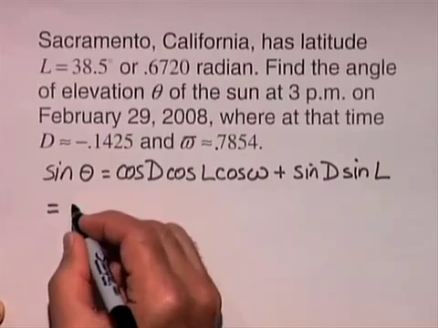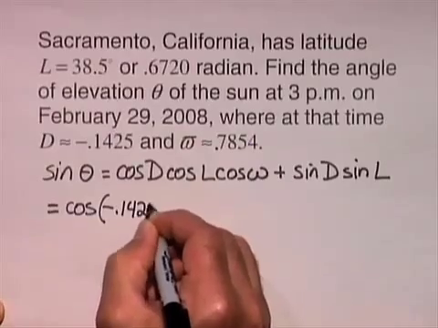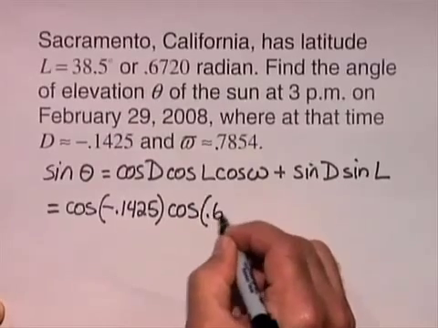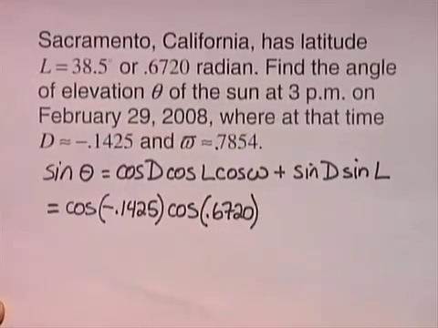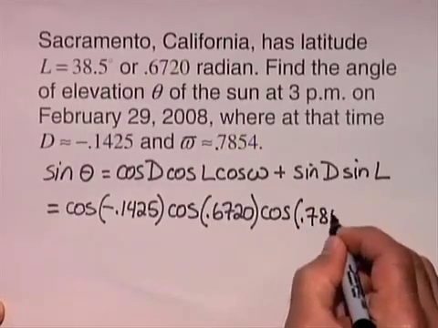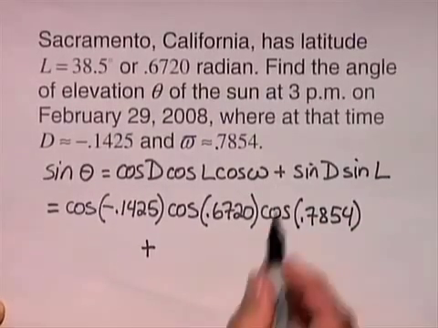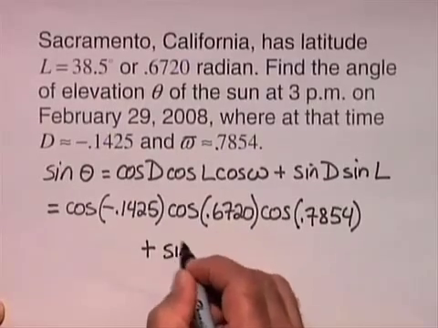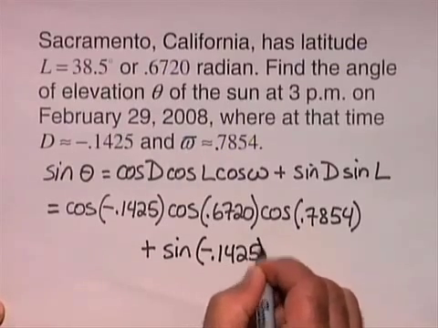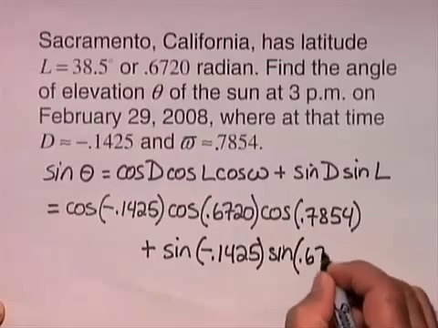So what we have is cosine of negative 0.1425 times the cosine of L, 0.6720, times the cosine of omega, 0.7854, plus, which I'll write on the next line down, plus sine of D, and that's sine of negative 0.1425, times the sine of L, which is 0.6720.